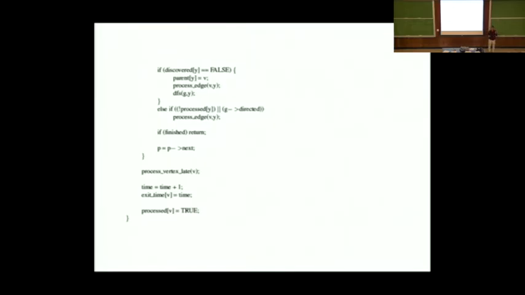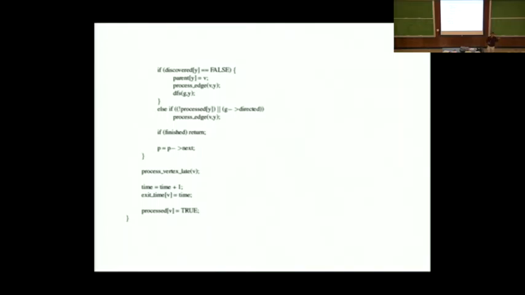Only once that is finished will that recursion come back, and we will continue looking at the neighbors of B. Yes? I don't perform a recursive call on a back edge. I only perform a recursive call when I discover something. Whenever I discover a vertex, I'm going to do a recursive call from it. That's exactly right. Any questions?